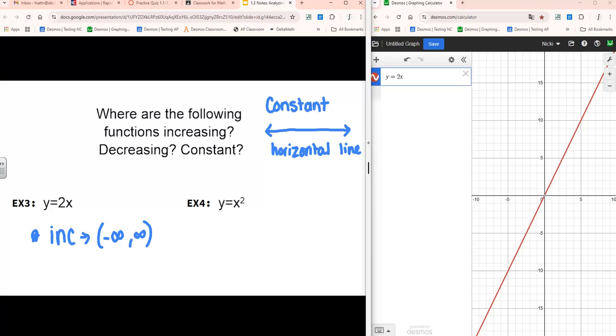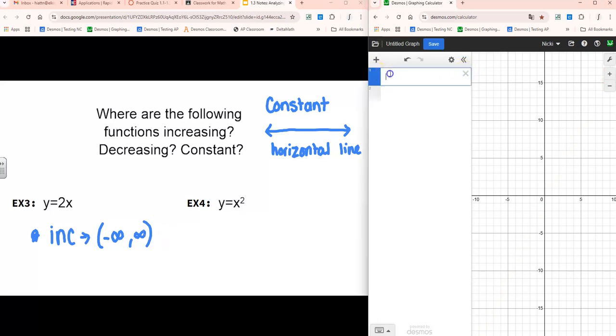Most functions don't have a section that's horizontal. The only time you really see it is in graphs like the ones we were looking at where somebody's created a piecewise function with a horizontal piece and then a slanted graph. So we would be increasing here, and you are not decreasing at all. Okay, questions on that one?